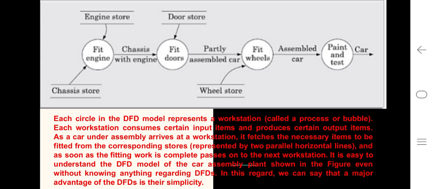Let us understand the concept with the help of a diagram. I hope everyone can view the diagram on the screen, where a circle representation is given in the data flow diagram model. The circle is used to represent a workstation or any process that is being performed, where every workstation has input items and produces some output items.